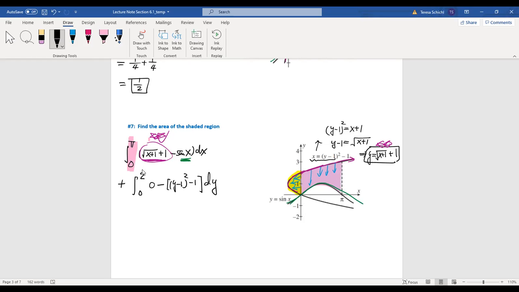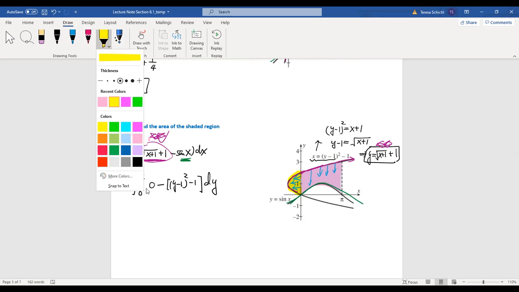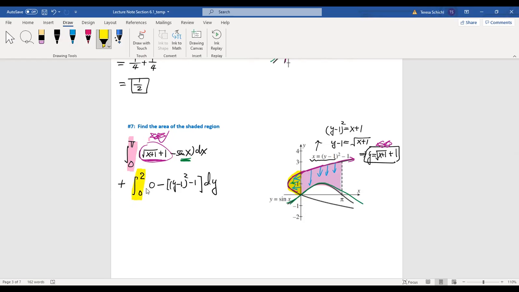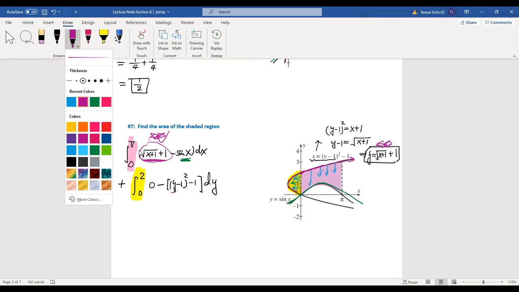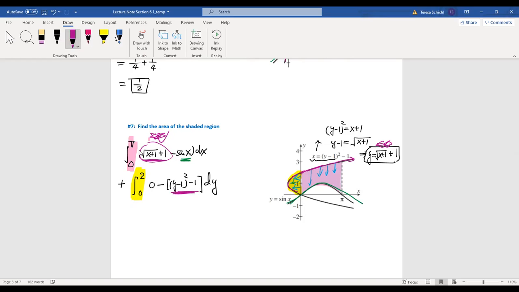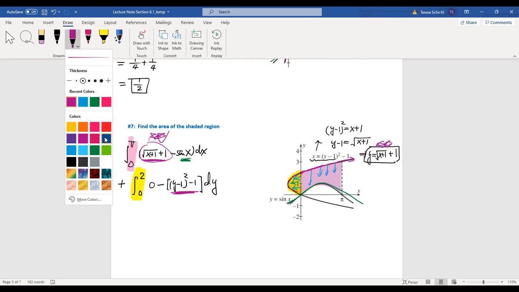So now let me color code that so it will probably be clear. This area is the one you try to integrate here. This is my purple curve. So where is this zero here? Let me use a different color.